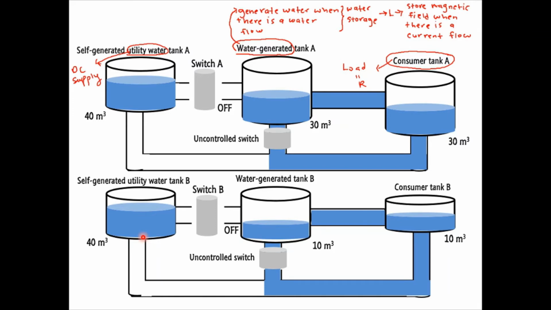Hence, the water-generated tanks act as the water supply to the consumer tanks. Thus, in the operation of the DC converter, turning off the transistor will disconnect the DC supply from the load, and the inductor will de-energize to supply current to the load.